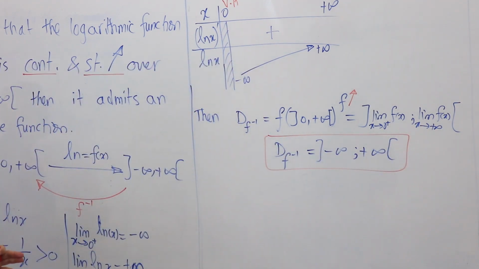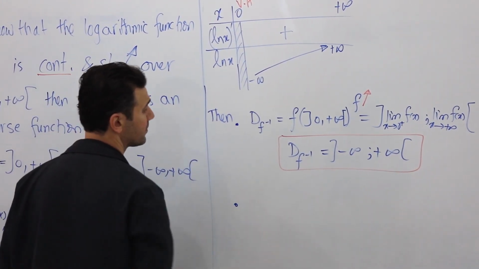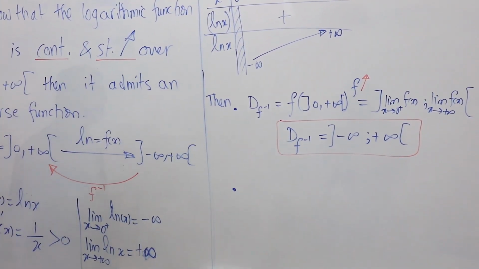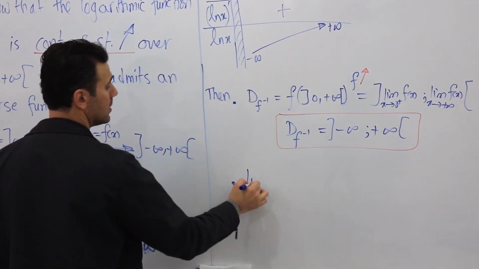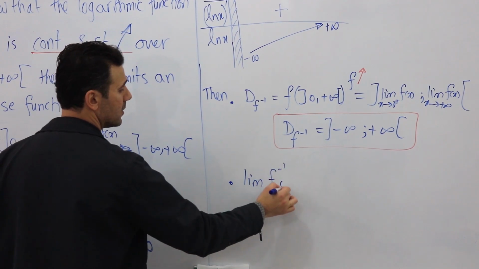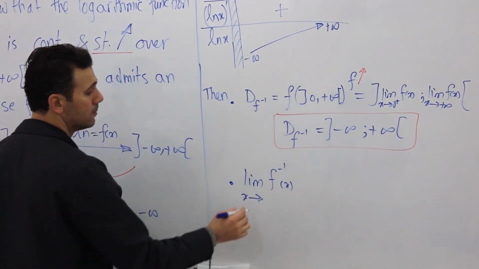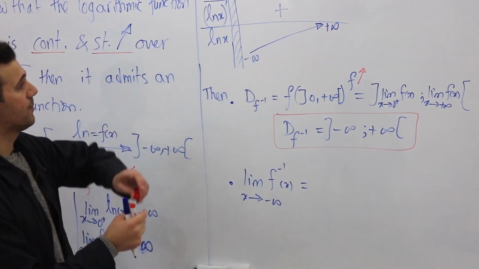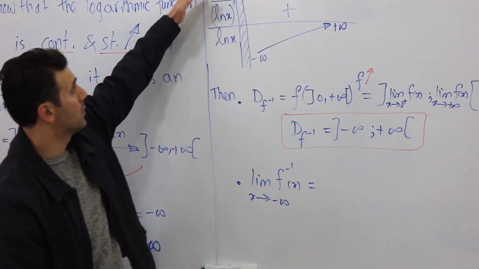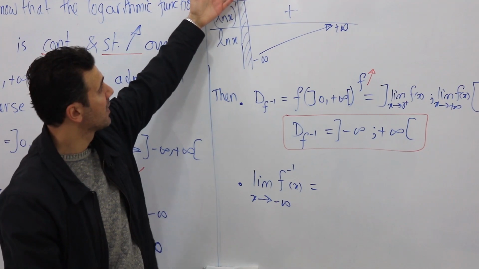Now, till now, we knew the domain of the inverse function. The second point is the limit of f inverse of x as x tends to minus infinity. It will be what? As we know, inverse function acts in a reversed way.